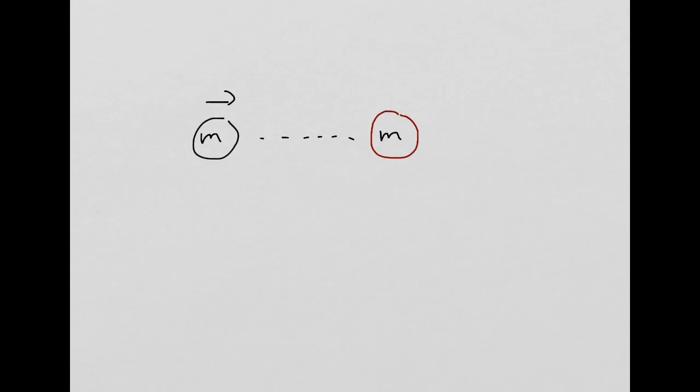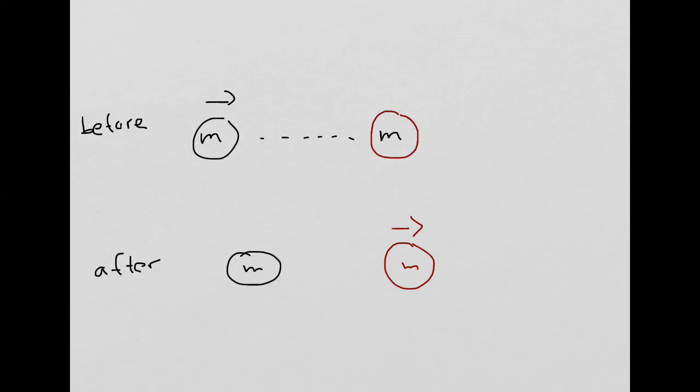What ends up happening after the collision, so this is before, is the first ball stays at rest, and the second ball moves forward with the same velocity that the first ball had.